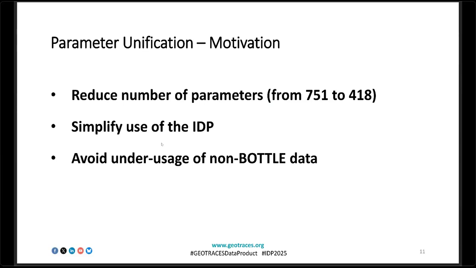Some people might not even know that this parameter exists and might just overlook and underuse this. Unifying the parameters makes it impossible to ignore.